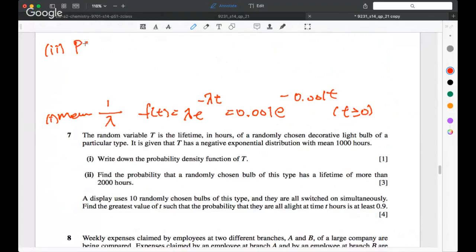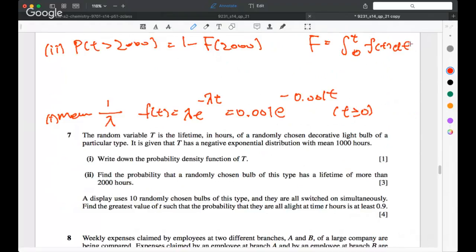And the probability that t is greater than 2,000 is just 1 minus the probability that t is less than 2,000, and that's just F of 2,000, where F is the integral from 0 to t of f of t dt, and that will give you 1 minus e to the minus 2, which equals e to the minus 2.